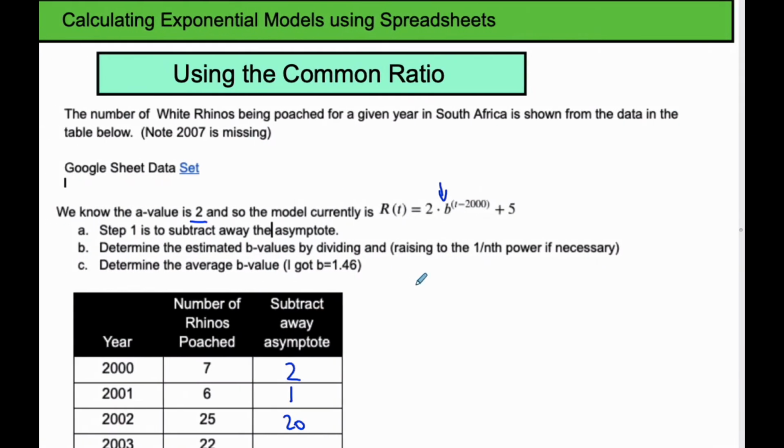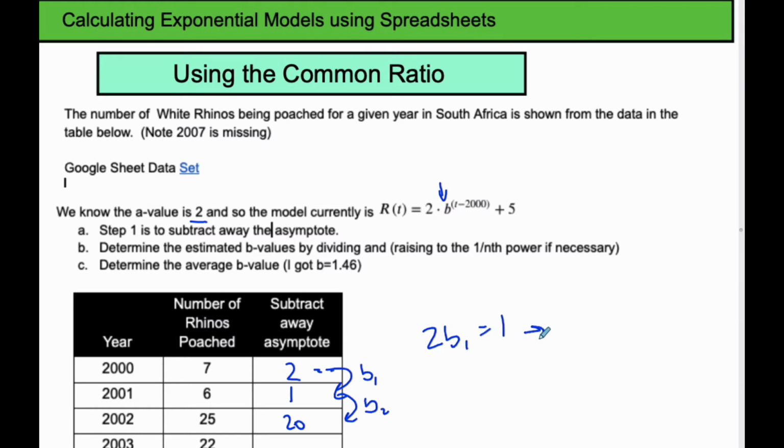Now, in the next step, when we think about this, in order to go from 2 to 1, the premise of exponential is that it multiplies by a value of b. When it goes from 2001 to 2002, again, it gets multiplied by b. Each time it gets multiplied by b. So if I call these b1 and b2, to go from the first to the second, 2 times b1 is equal to 1.